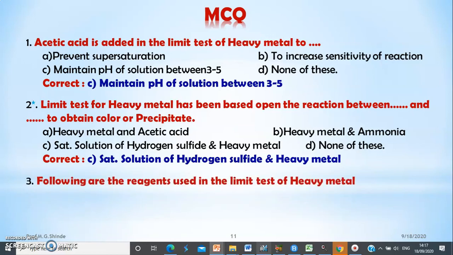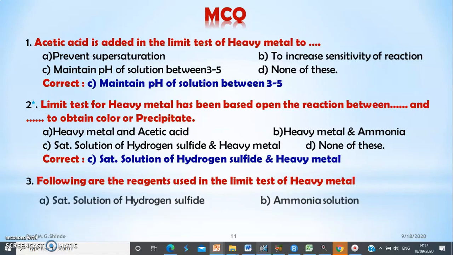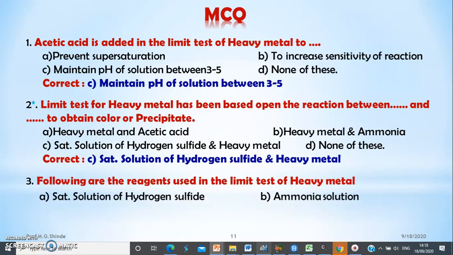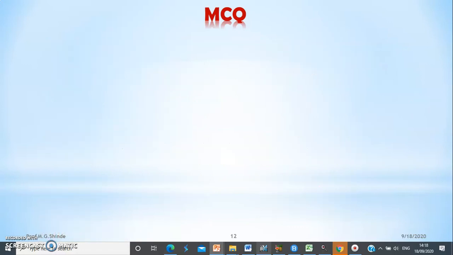Third MCQ: the following are the reagents used in the limit test of heavy metals. The options are: first, saturated solution of hydrogen sulfide; B, ammonia solution; C, acetic acid; D, all of the above. The correct option is all of the above.